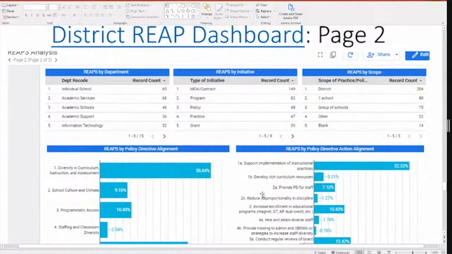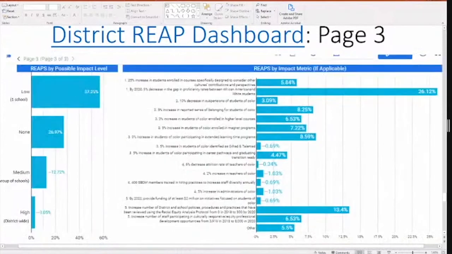Then the last page is involving impact, because people always want to know what's the impact. This is right now potential impact is what we will call this. We're in a year that is kind of a data challenged year because of COVID, but what we did was we coded each REAP topic, and we looked at two things.